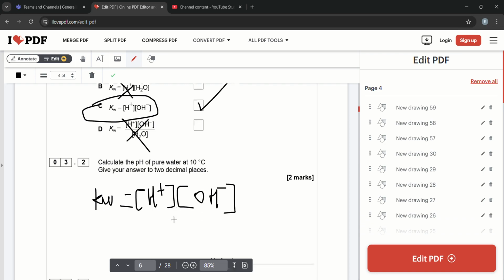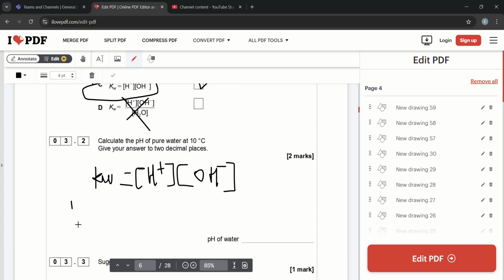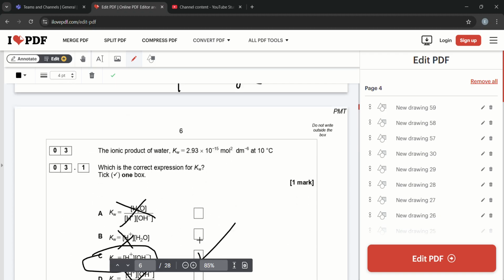Now we can assume that Kw is equal to H plus squared. Therefore H plus is equal to the square root of Kw. And what's Kw? It's that.